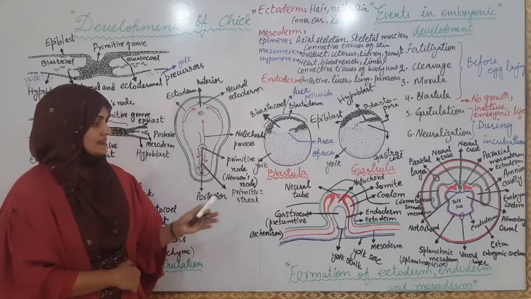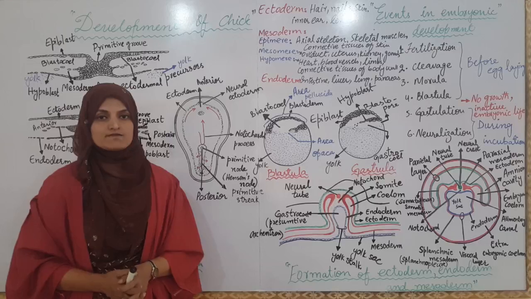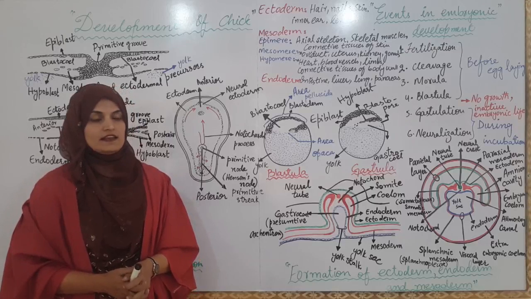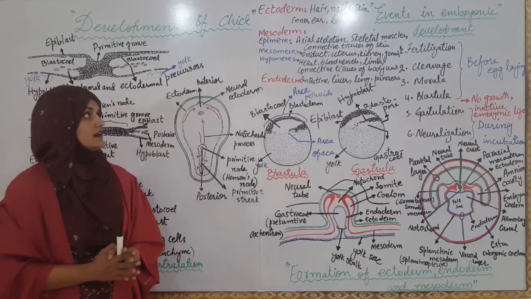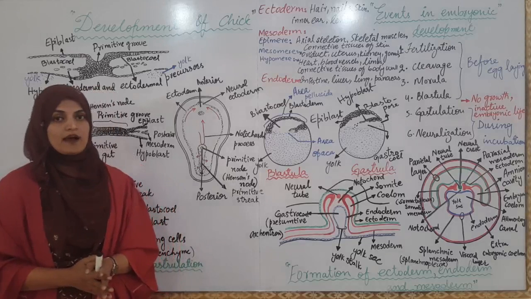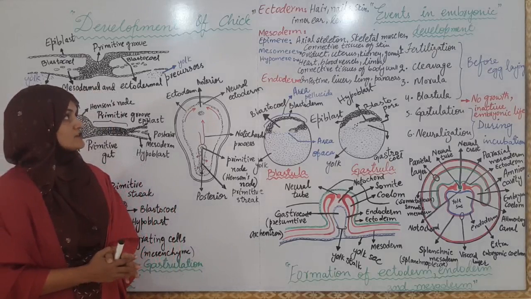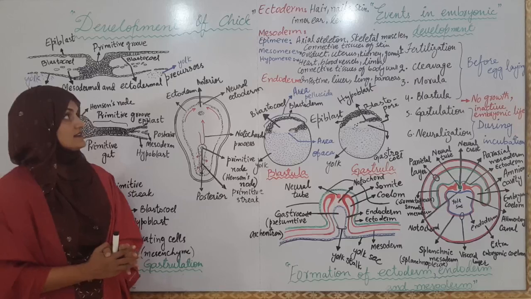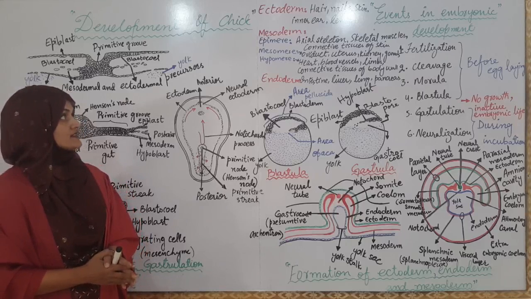These three germ layers later on form various body organs. Hair, nails, skin, inner ear and lens are formed by the ectoderm. While mesoderm is divided into three regions, that is epimeres, mesomeres and hypomeres.